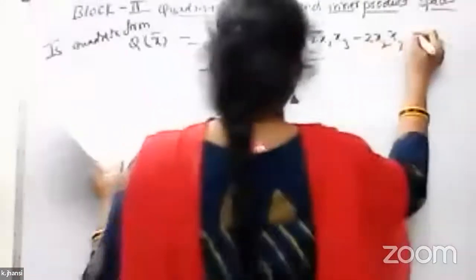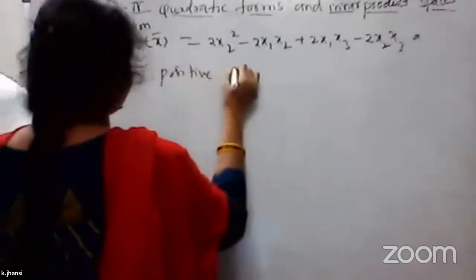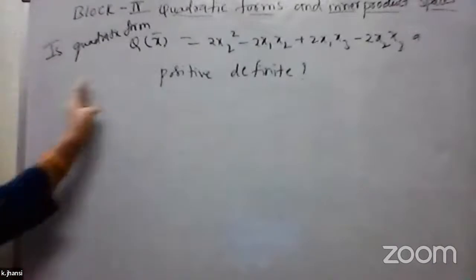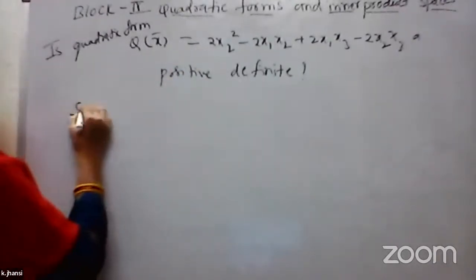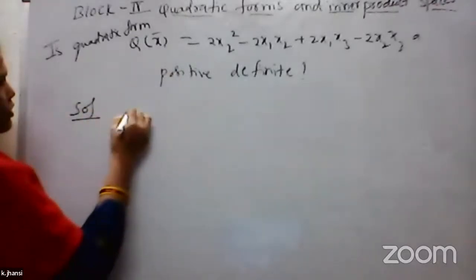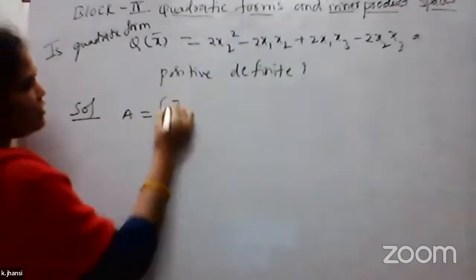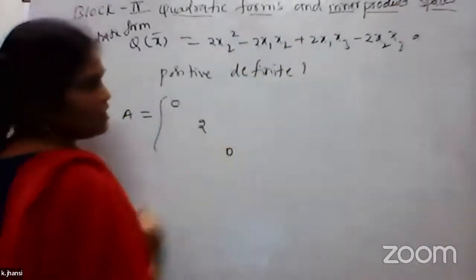Is the quadratic form positive definite? They will ask a question like this. Directly I am writing here the matrix form. You will get the matrix as: x1 is not there, so 0; x2 square is there, so 2; x3 is also not there, so 0.